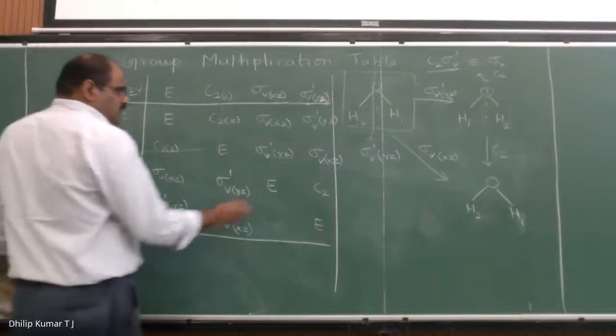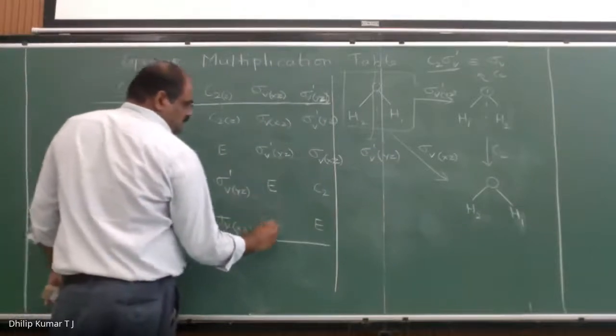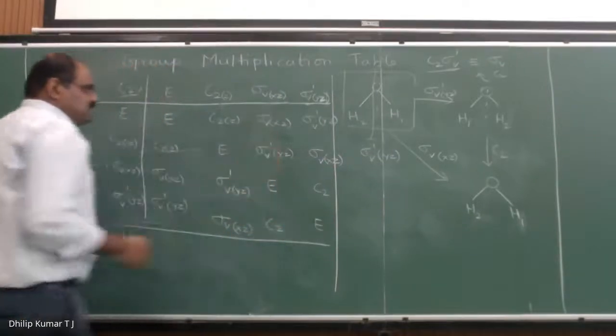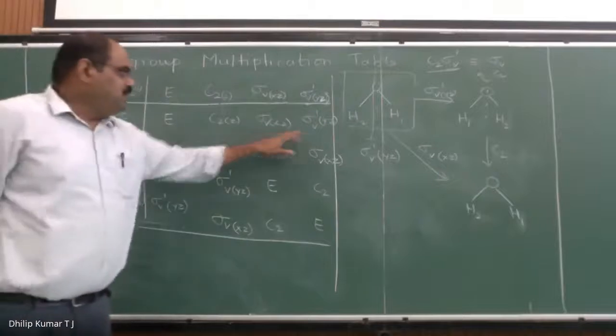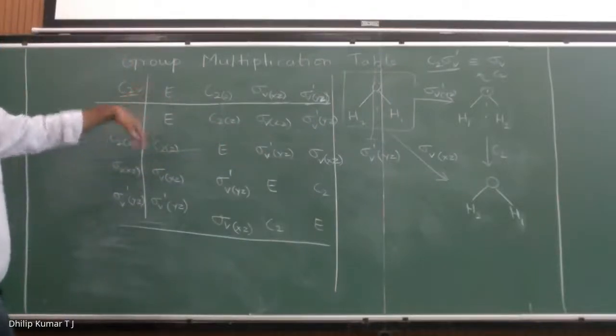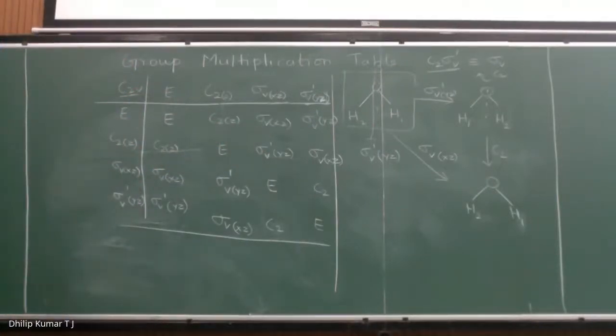What is missing is C2. Okay, so you can see every row and every column is all unique. All four elements will be there. So like this, if you fill a few, you can fill the remaining ones by just seeing what is present and what is not present. Okay, is it clear?